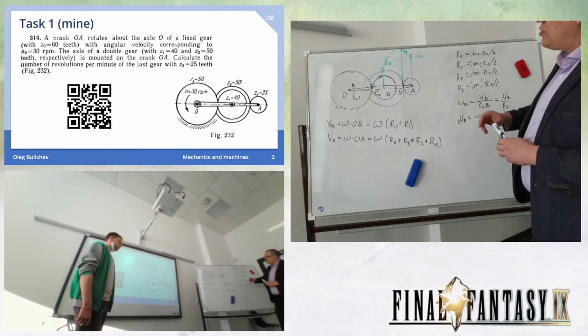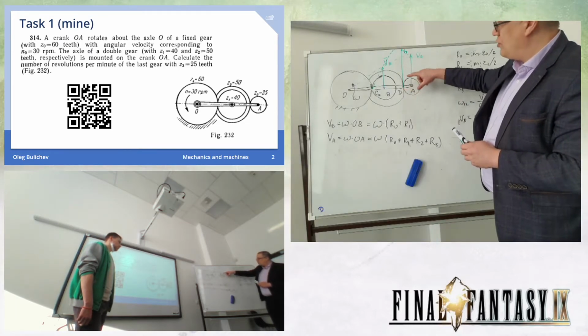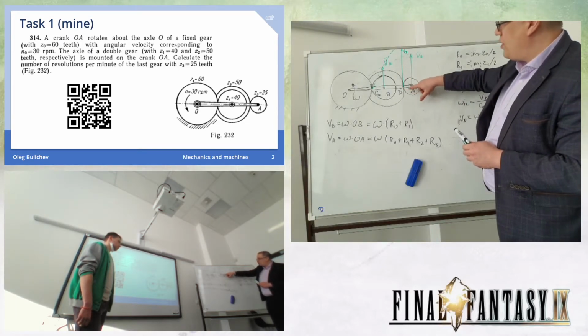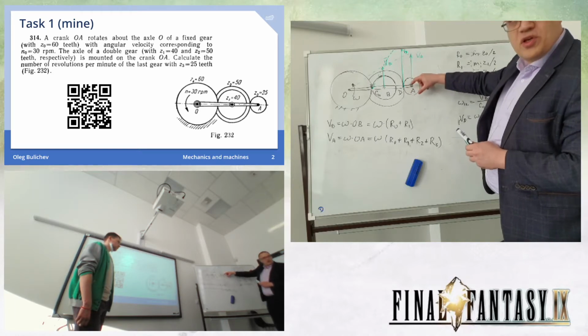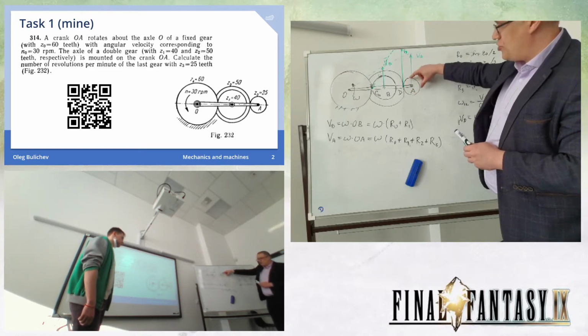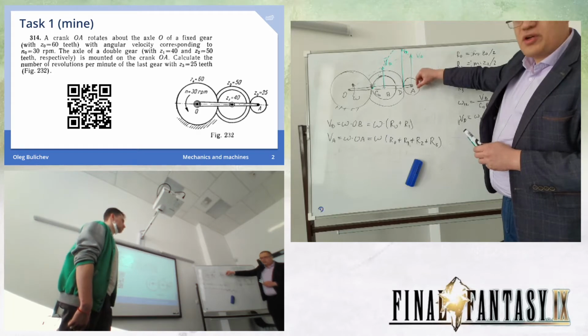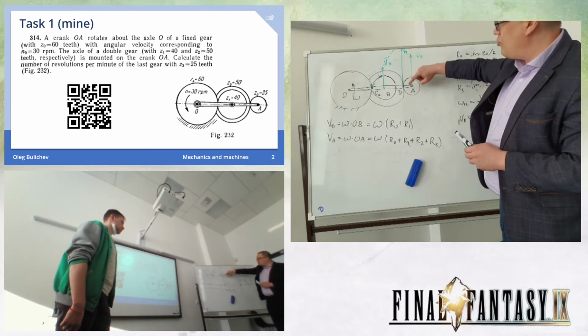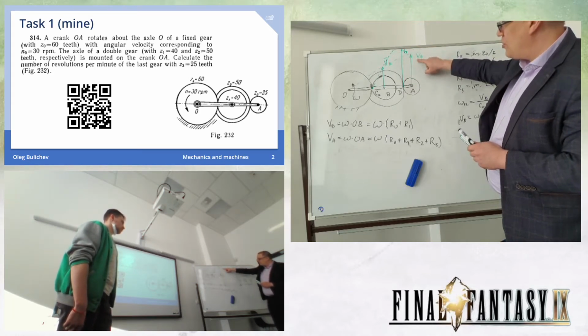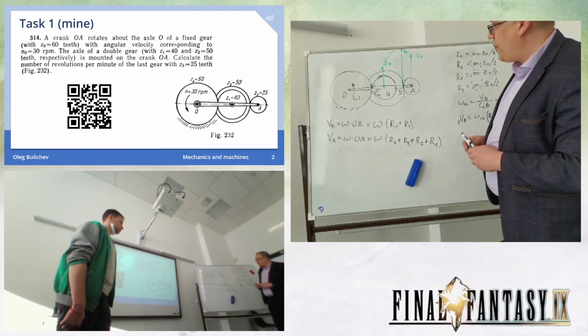Then we know two velocities of two points which belong to the last gear. We know the velocity VD, we know the velocity VA.